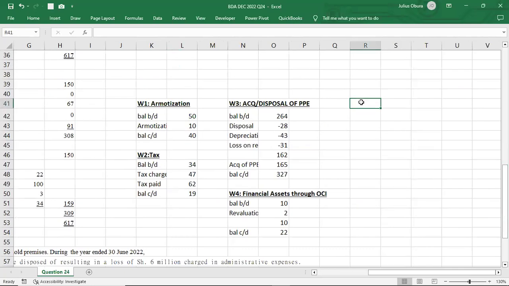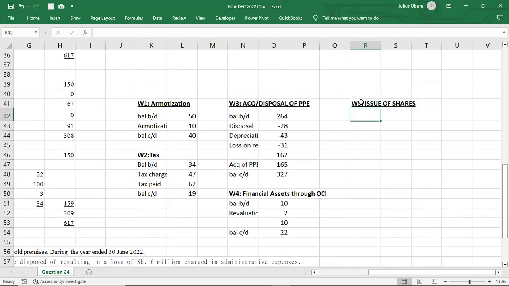So working 5 here. And for my working 5, I'm looking at issue of shares.